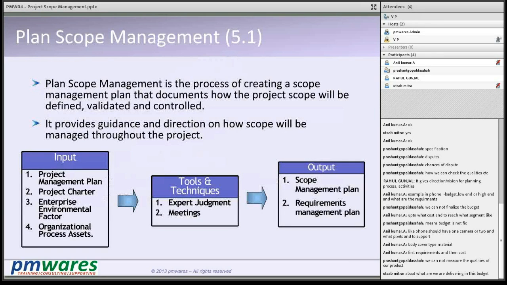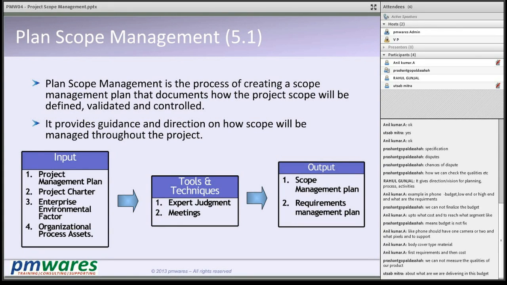So in all the subsidiary plans, we talk about the project management plan, and that the project management plan comprises all the subsidiary process plans, like scope management plan, time management plan, risk management plan, resource management plan.